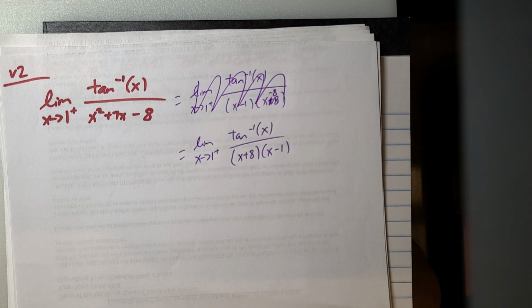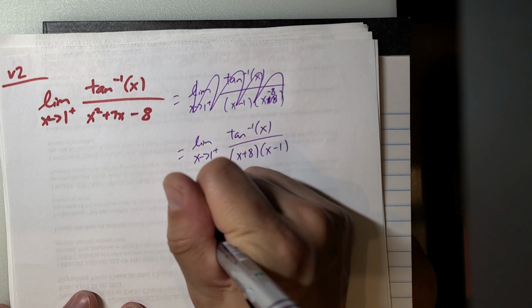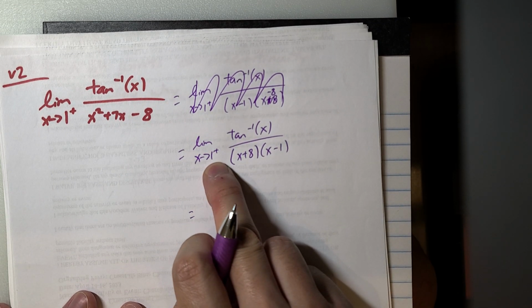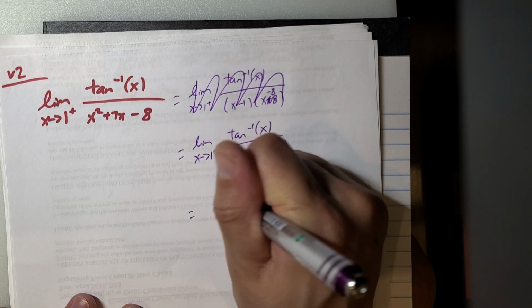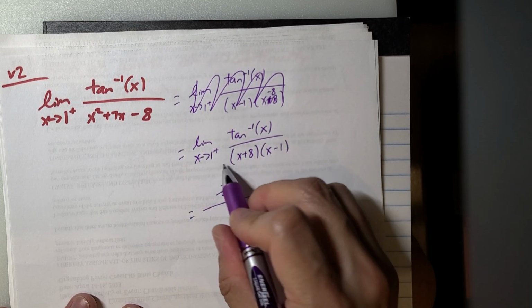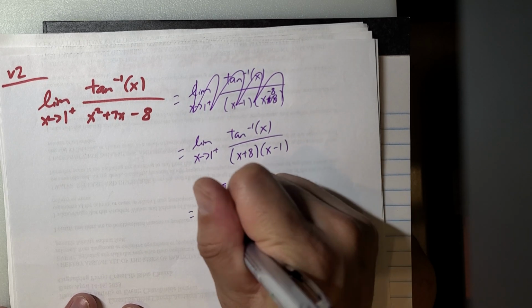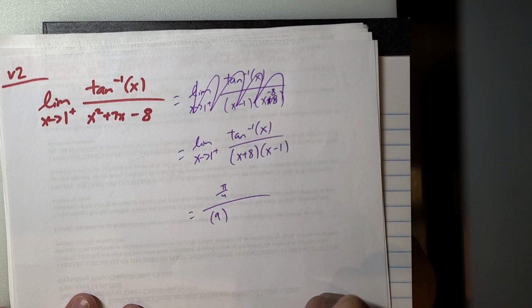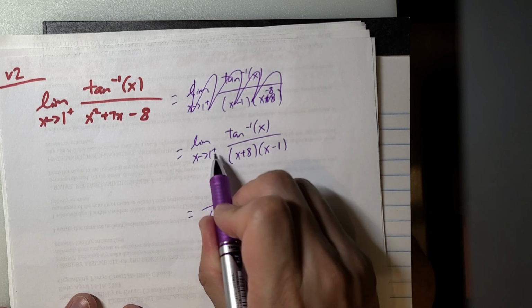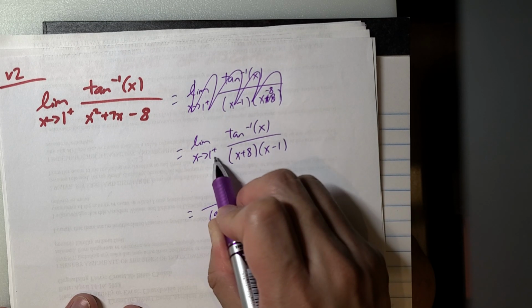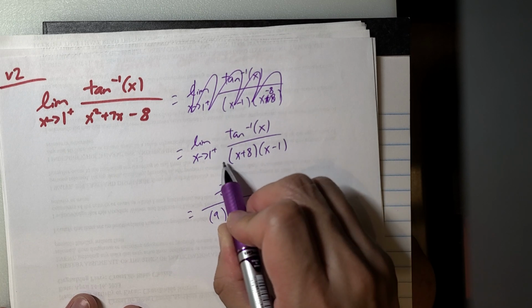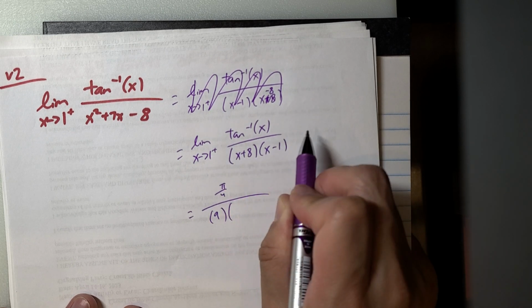Okay, so again, we know it's an infinite limit. Is it going to positive infinity or negative infinity? As we approach 1 from the right, the numerator we already said goes to pi over 4. The x plus 8 approaches 9. The x minus 1 approaches 0, but from the right, so numbers bigger than 1.